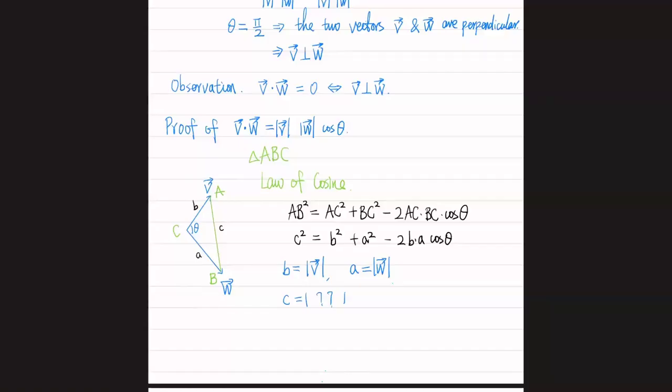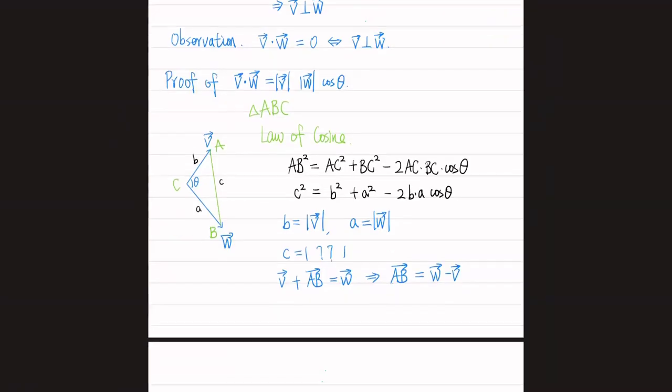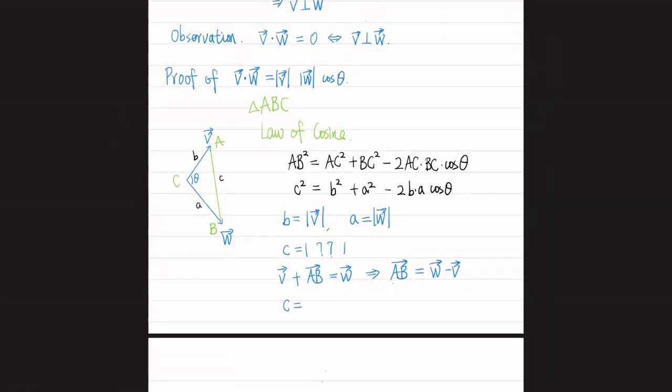So we can see if we start with v, we add this vector, we get w. So w is the sum of these two. So if v plus AB equals w, this implies AB is, in particular, c is the norm.